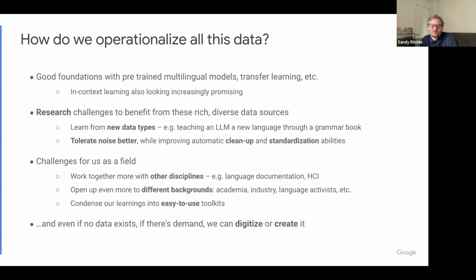I think also, to broaden out a little bit, there are a lot of challenges for us, language technologists, I guess you could say, as a field. We really need to work more with other kinds of disciplines. One really important area is language documentation. There are linguists going out and collecting and using data for research for many hundreds of highly endangered languages.